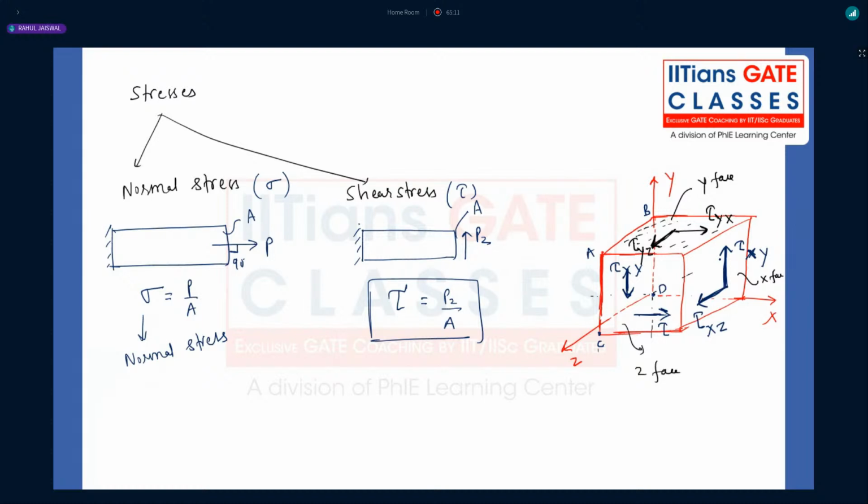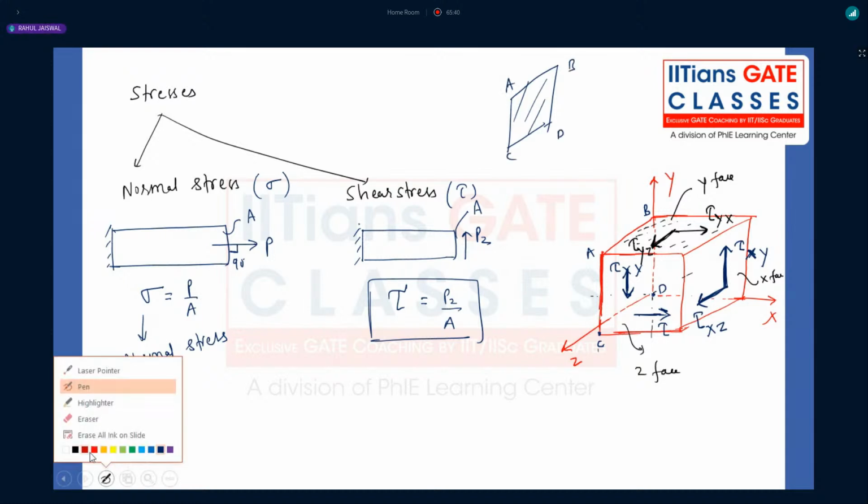Which particular plane have you not understood? Negative x. Here, when you see the ABCD plane, what is happening in the ABCD plane, my dear friend?